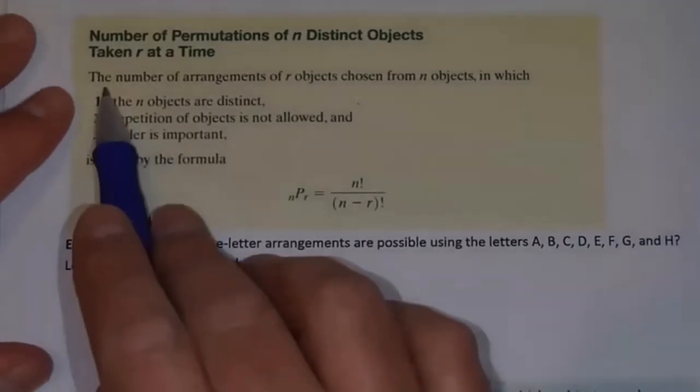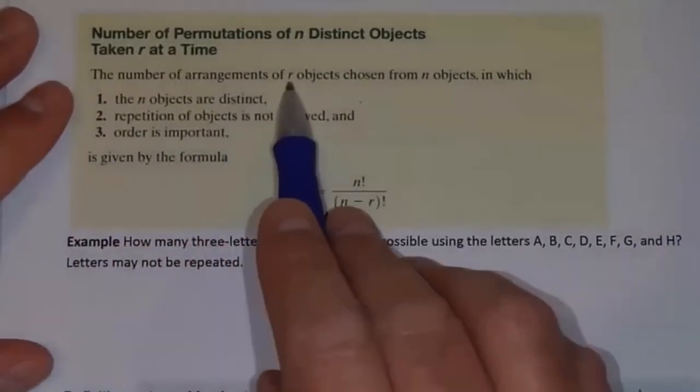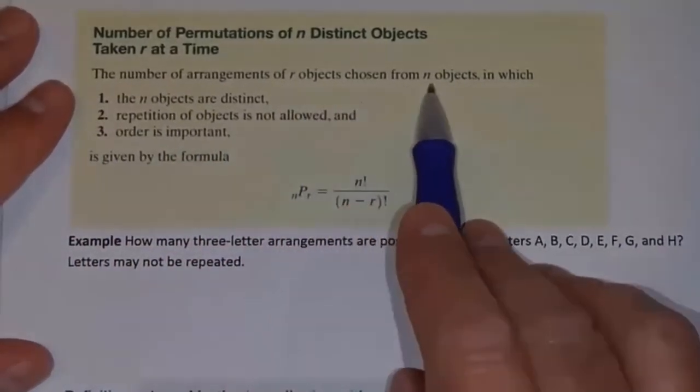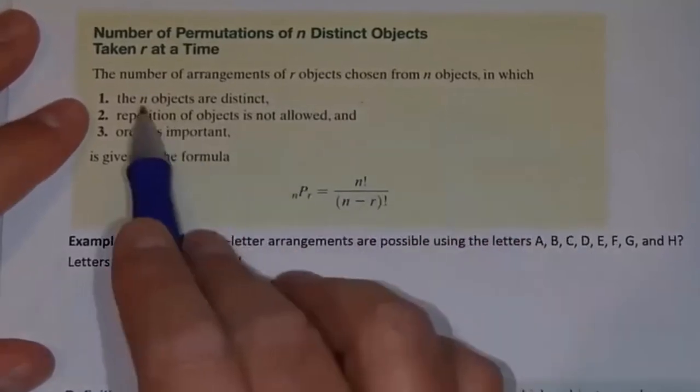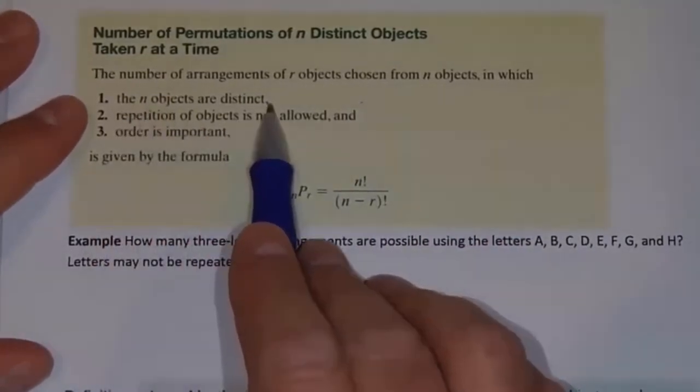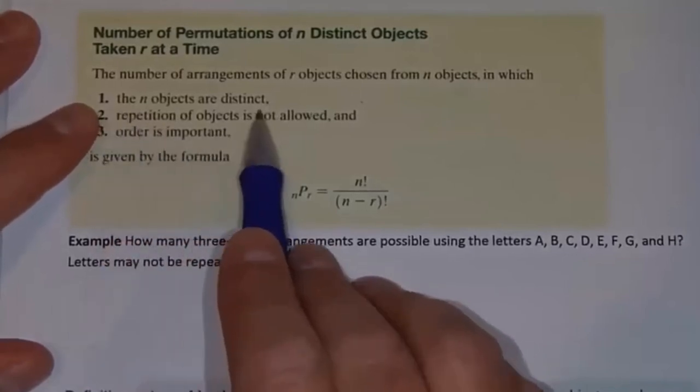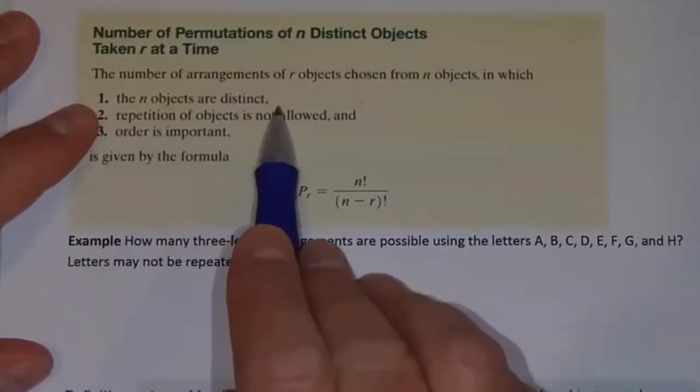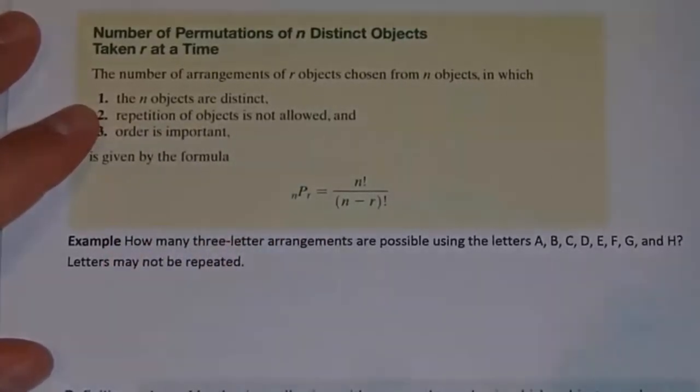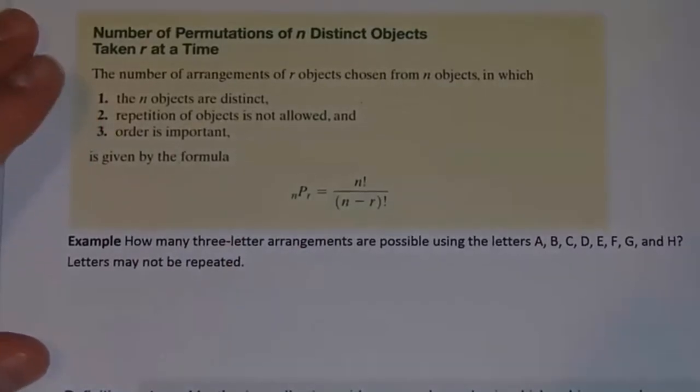Formula. The number of arrangements of R objects chosen from N objects in which, 1, the N objects are distinct. That's important. I have to be able to tell the objects apart. They have to be distinguishable. Like the 10 people on this committee, they're distinct. We can tell those people apart.